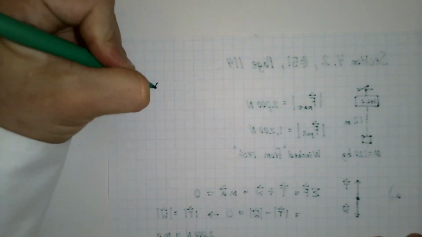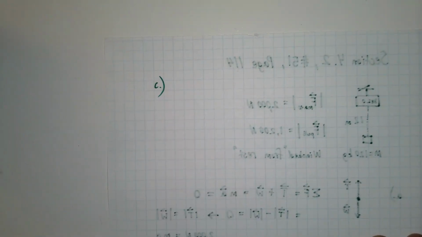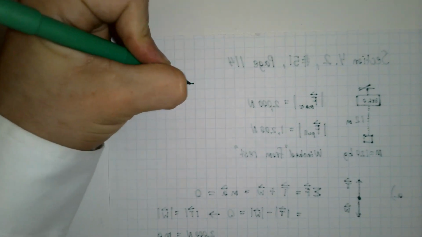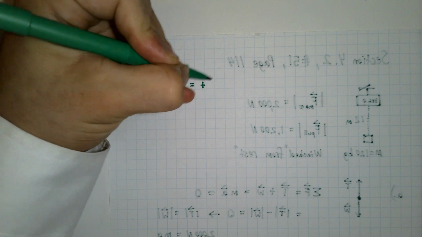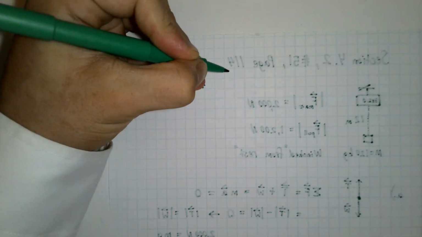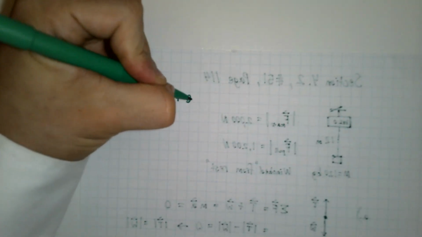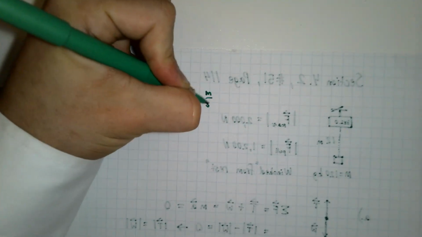All right, now for part C. For part C, we're saying, given that our average acceleration is in the positive direction at 0.2, positive 0.2 meters per second squared.